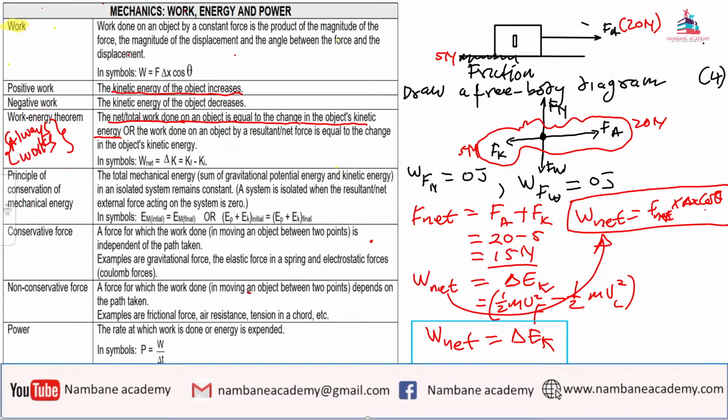Hence, when I look at Fn, it is just going to give me 0 joules. When I look at Fw, it is also going to give me 0 joules because the angle is going to be 90 degrees. Therefore, I am interested in the forces that are actually doing work on the object.